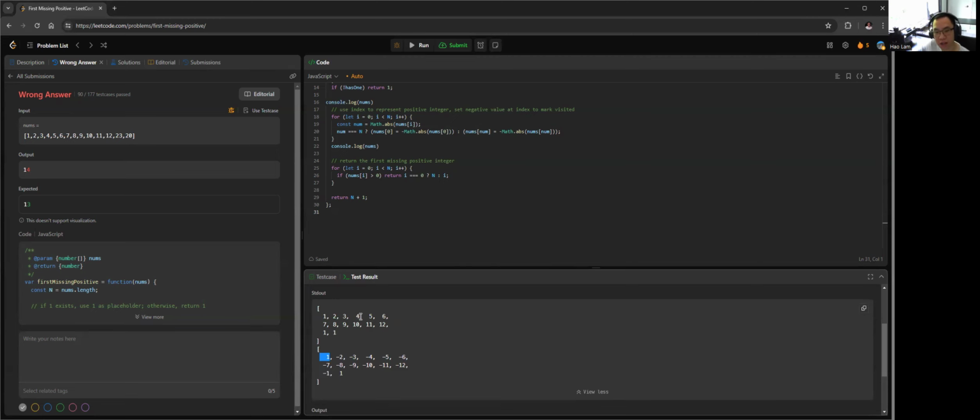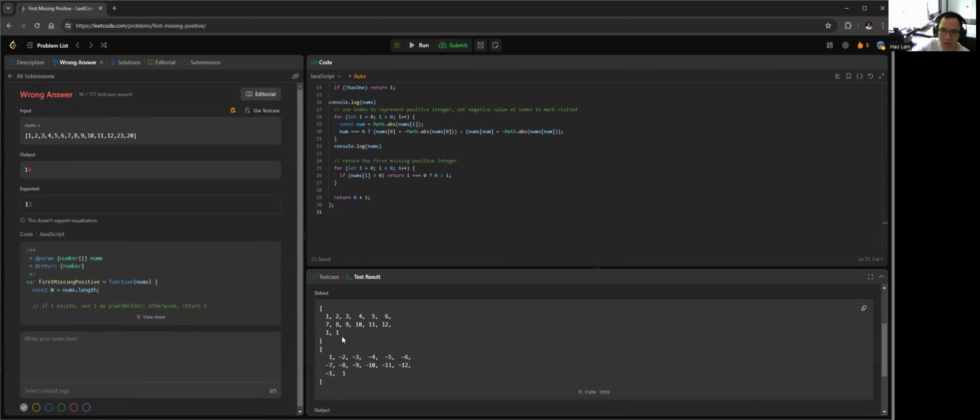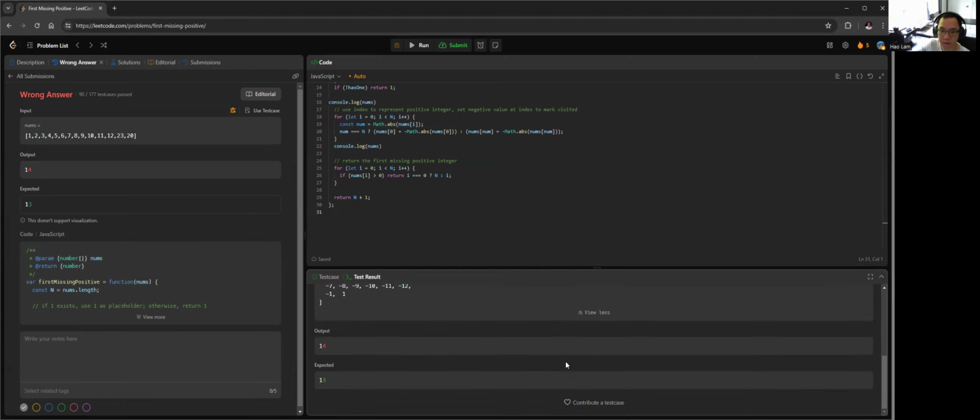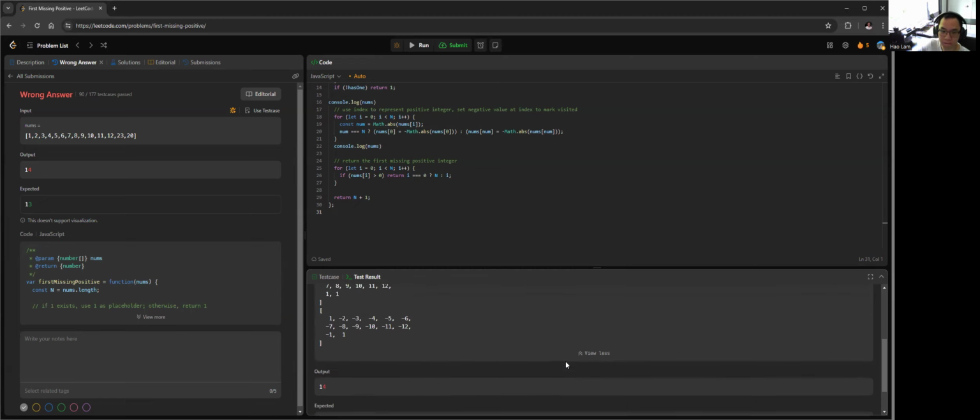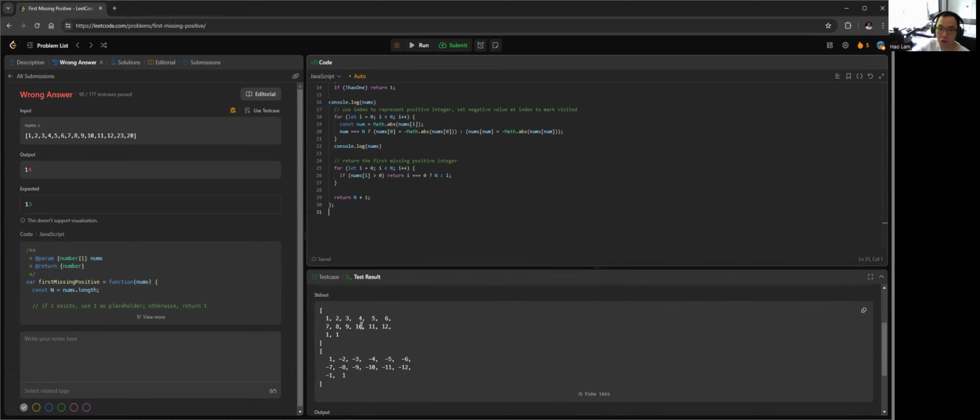The length of the whole array is 14, when we use index 0 to represent, oh, okay, I see. So we are both missing 13 and 14.